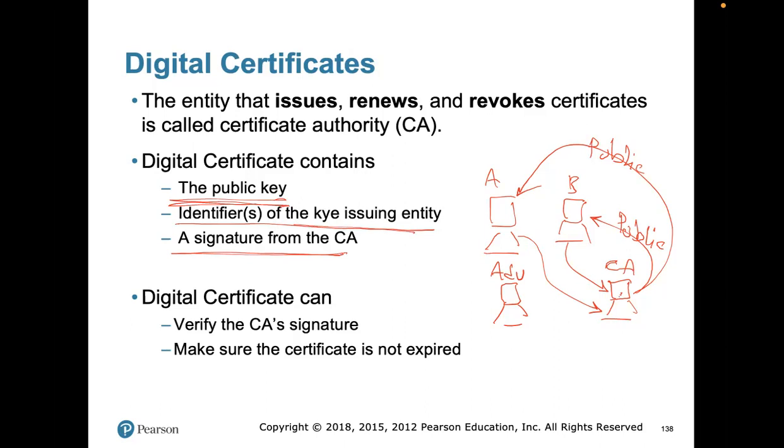Because if you don't involve the CA in this process, again, someone may come and impersonate, saying, "Okay, I'm the CA." Using this digital certificate, we can verify the CA signature, and we can make sure that the key that has been shared with us is really coming from someone authentic.